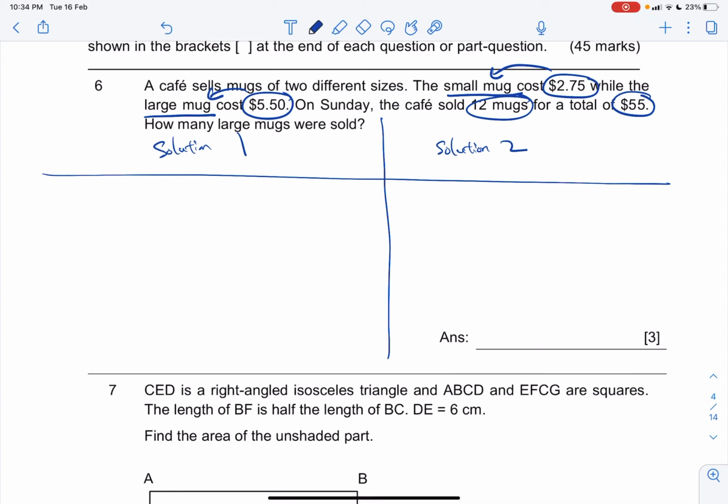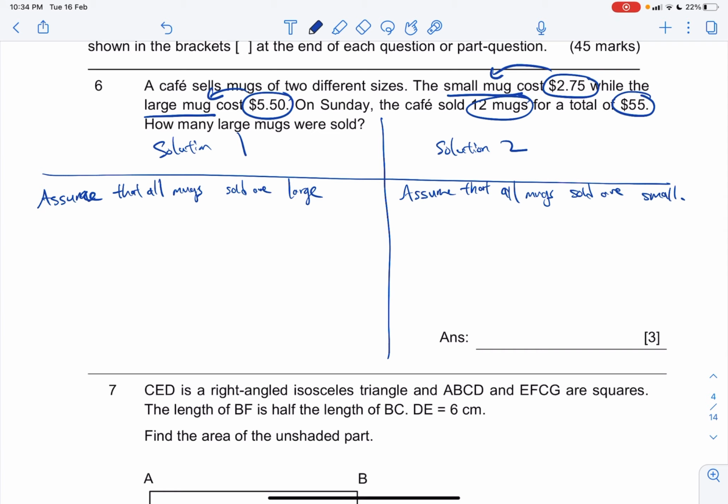We are either going to assume that all mugs sold are large, or assume that all mugs sold are small. Okay, this is a trick. At first, assume either all big mugs or all small mugs being sold.